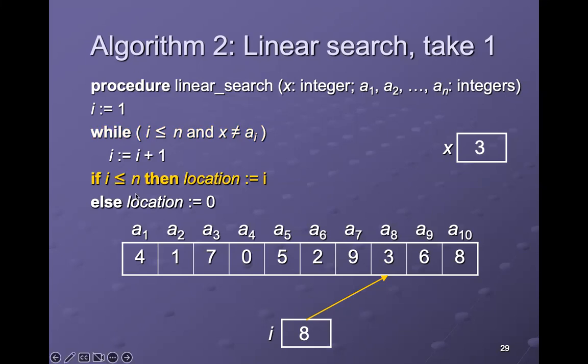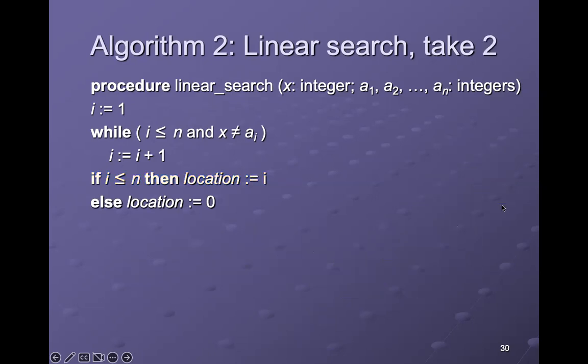And since i is less than or equal to n, meaning the index 8 is still less than n equals 10, the total number of integers, then the location is equal to i. So in this case, the location would be 8. That means the location of the number that we are looking for is 8.